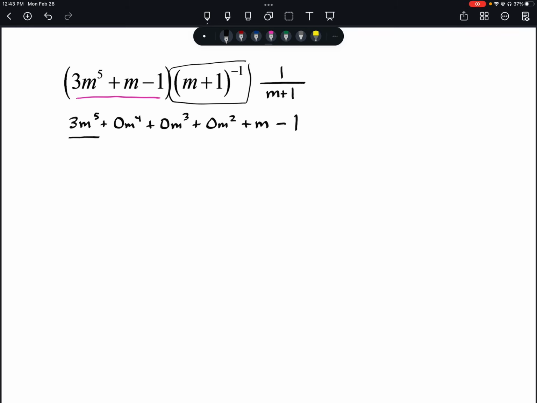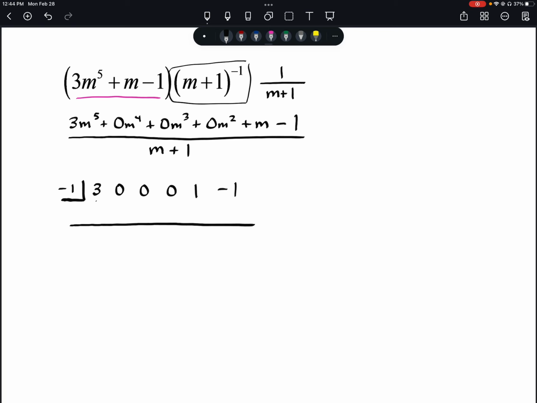So in the end, if we multiply that together, our root value is going to end up being negative 1. So we'll go ahead and throw that in here. There's our negative 1. And then we'll list out our coefficients. So we have 3, 0, 0, 0, 1, and negative 1.